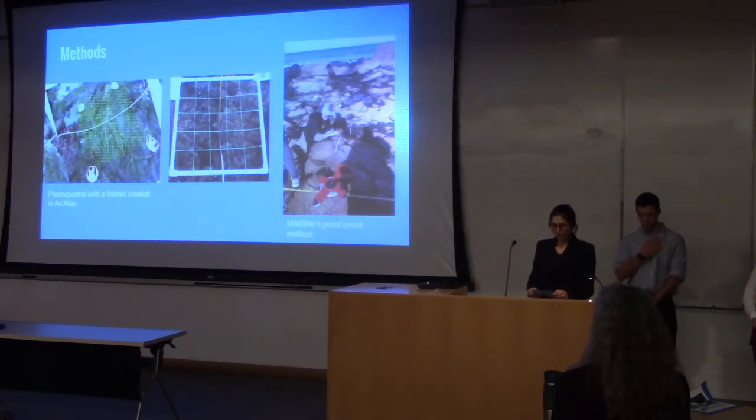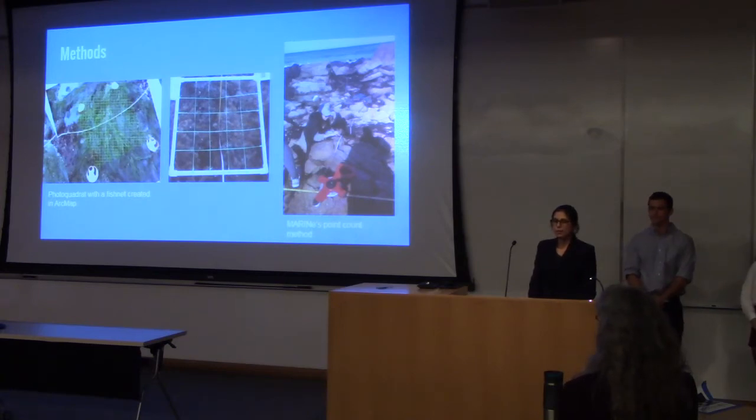And the small scale. The medium scale looks at 100 points along a transect line. There were 400 points total per transect per site, 4 transects per site.